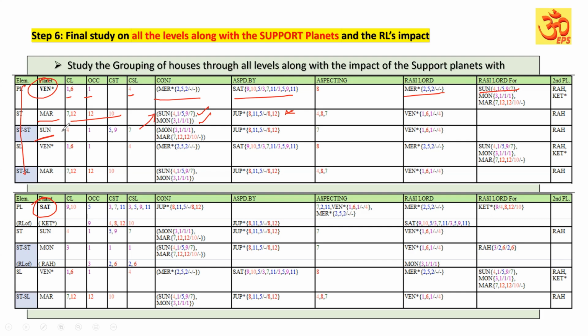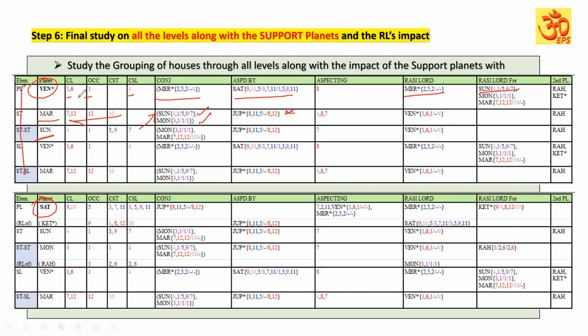So, the Sun is forming a ruler link to the star lord planet Mars. Mars is in the star of Sun. Sun is conjoined with Mars. So, Mars's favorable are supported and unfavorable are getting reduced. But Saturn is not there. If it was there, then the impact of Saturn would be more, right? Now you can see the grouping.